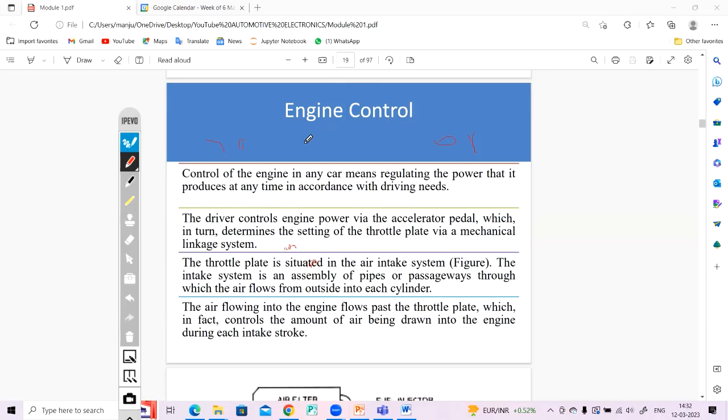So based on this, the power produced is regulated at all times according to the driving needs.